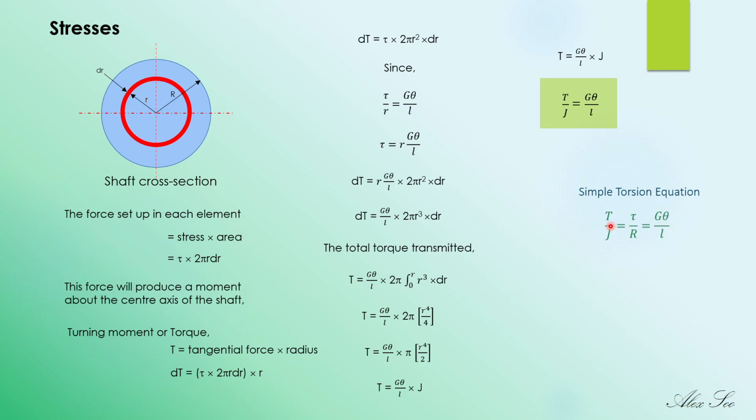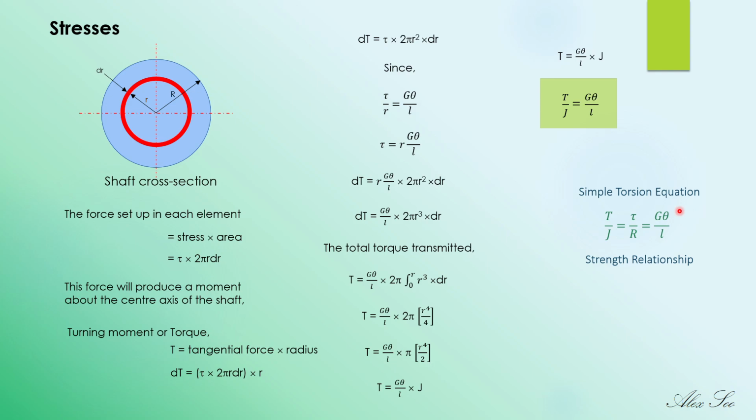T is the torque, J is the polar second moment of area, tau is the shear stress, R is the maximum radius, G is the shear modulus, theta is the angle of twist, and L is the original length.